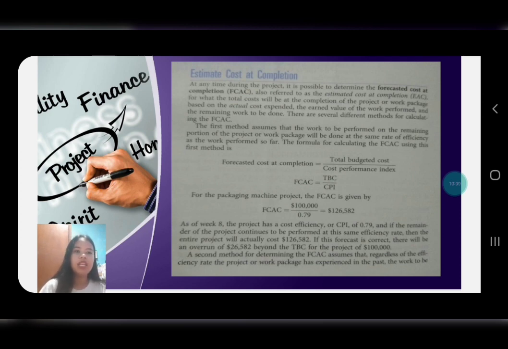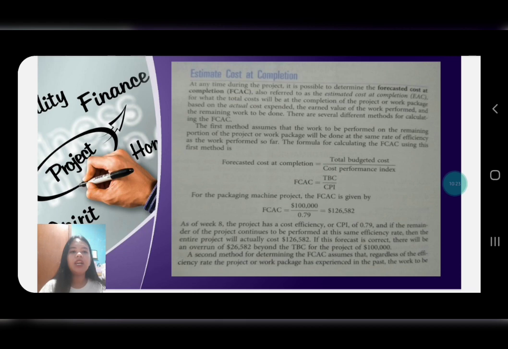So for the packaging machine, we have the FCAC equals 100,000 divided by 0.79, which is 126,582. As we already know, we have gotten our CPI of 0.79.